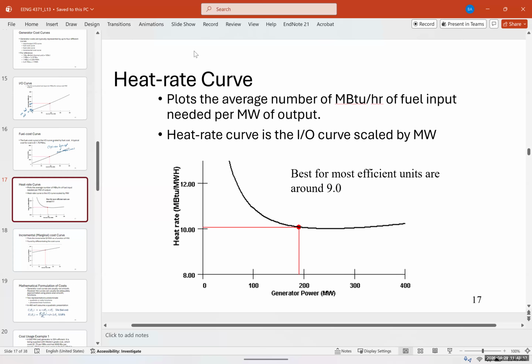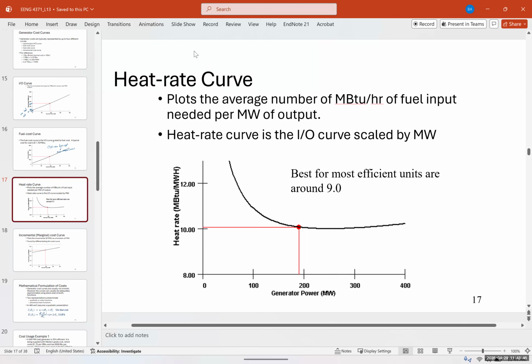Now, a lower heat rate means a more efficient power plant. The heat rate is not constant. It varies with output levels. Most generators are most efficient at some intermediate output level, not at their absolute maximum, because at the absolute maximum, you're going to waste a lot of heat.